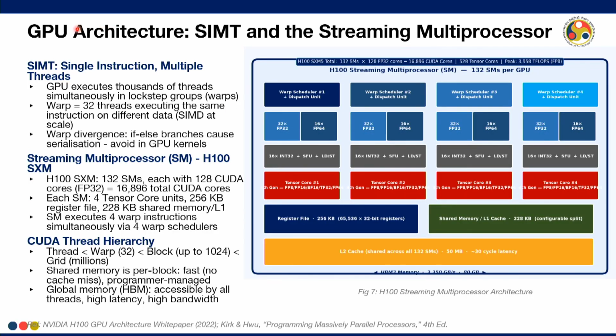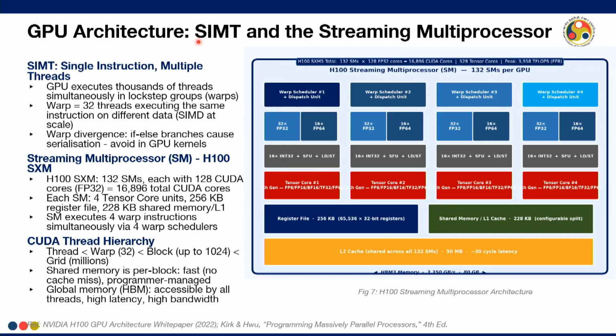Starting with the GPU architecture, the most important thing that you will hear about in GPUs is single instruction multiple threads, SIMT. In the CPUs we have seen that CPUs extract data level parallelism by using what? SIMD, right?